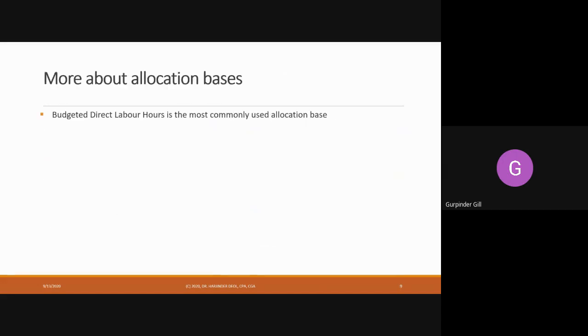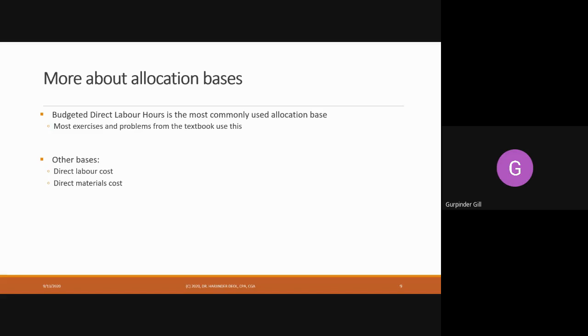A bit more about the allocation basis is, generally speaking, your budgeted direct labor hours is the most common allocation basis that is used. And most exercises and problems in your textbook will use the budgeted direct labor hours for allocation basis. But there are other bases that are available in the industry which are good to know, such as your direct labor cost.